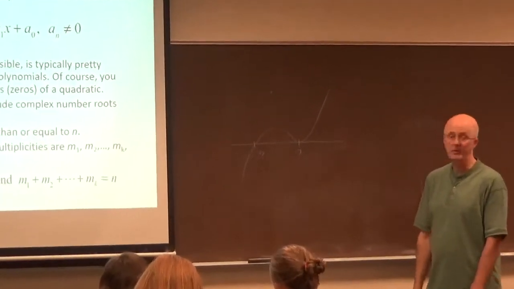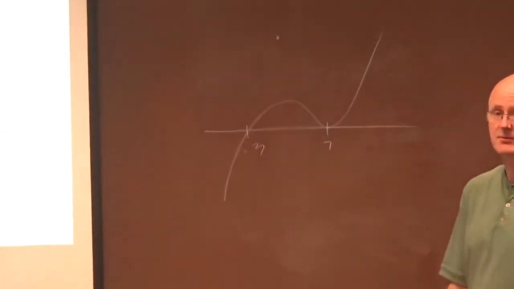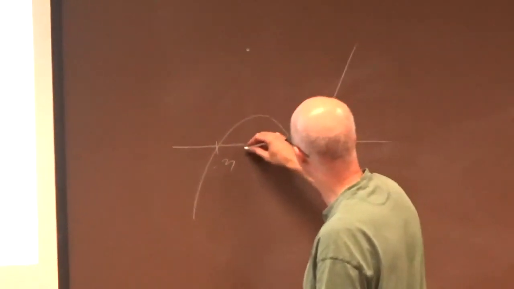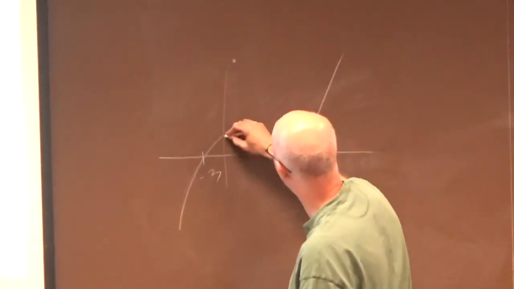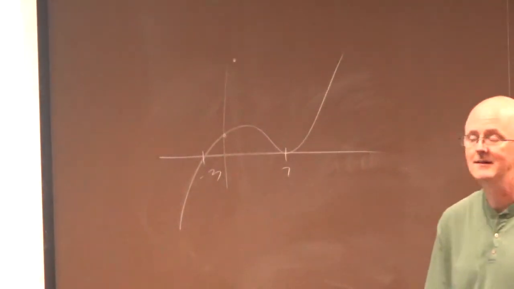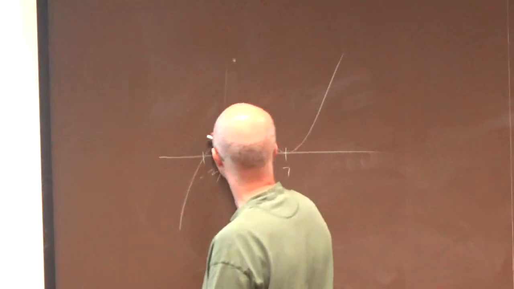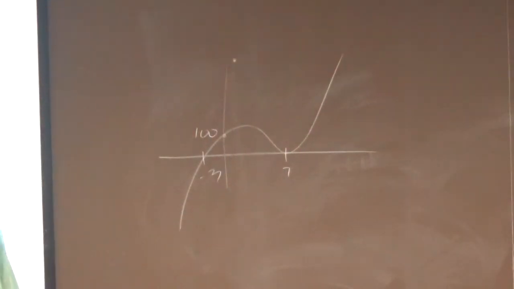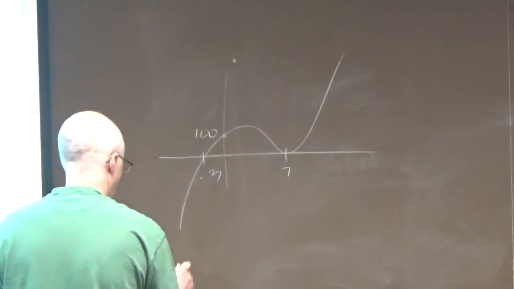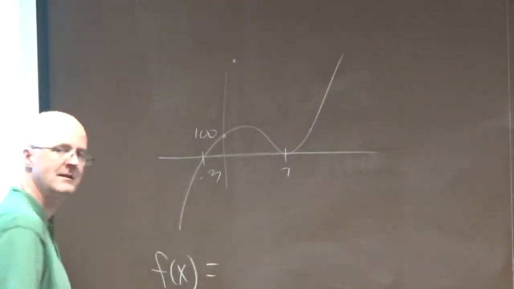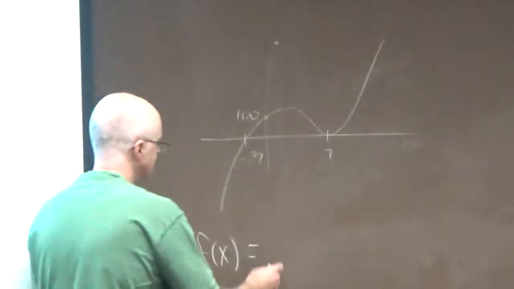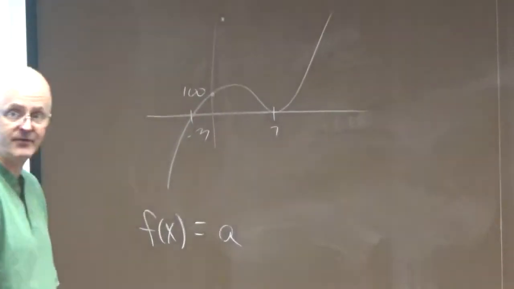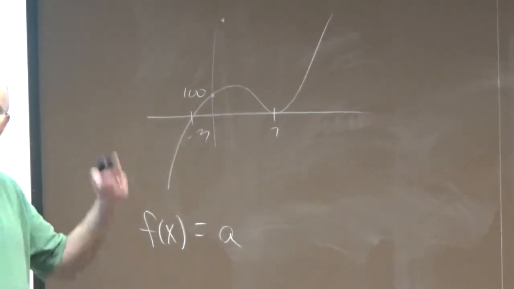You should be able to find a formula for that. Or a possible formula, especially if you also, I guess I will draw the y-axis in here, if you know its y-intercept as well. Let's say the y-intercept is, oh, I don't know, 100. These things typically grow pretty fast in certain ways. What would the formula for f of x be? Some constant a that you have to figure out based on the y-intercept actually.